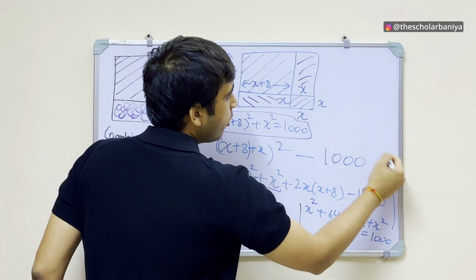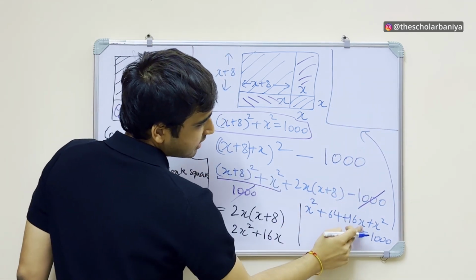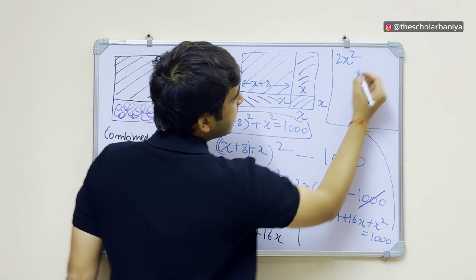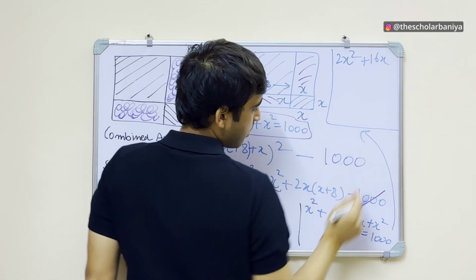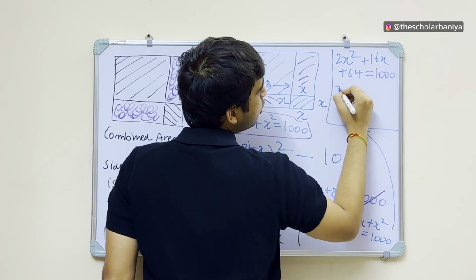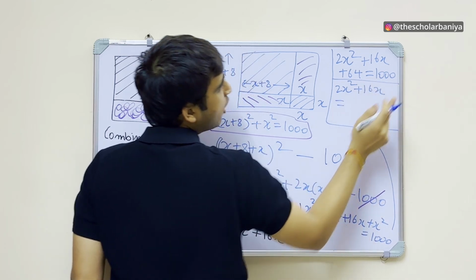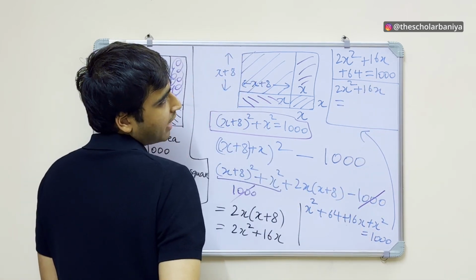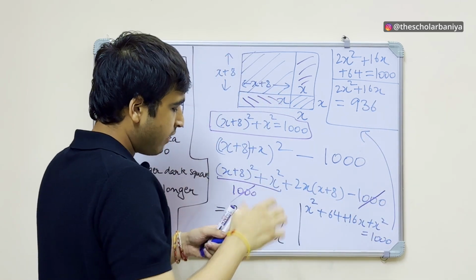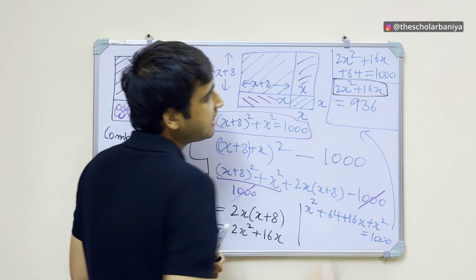So x square plus x square is 2x square, plus 16x, plus 64 equals 1000. So 2x square plus 16x will be 1000 minus 64, which is 936. So this is the value which we have got: 2x square plus 16x equals 936.